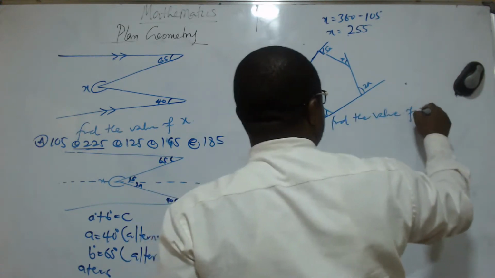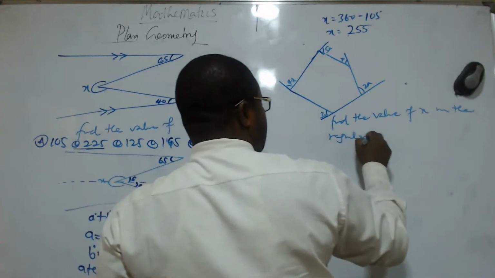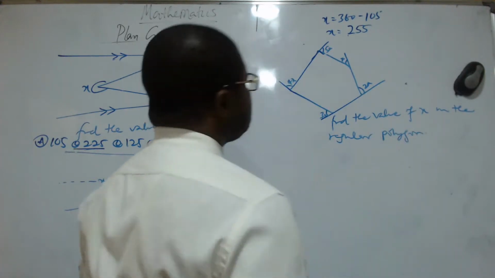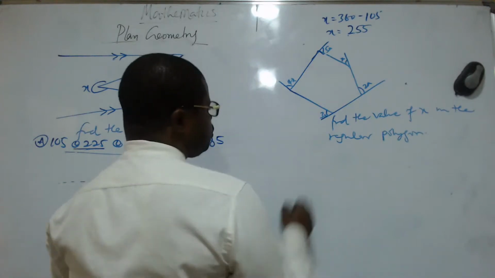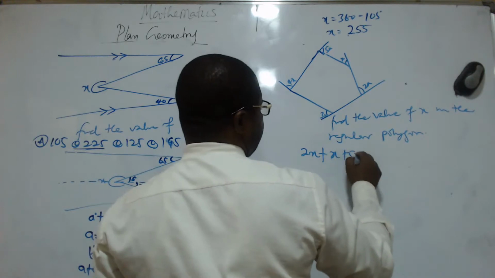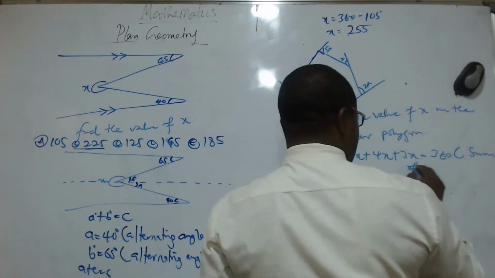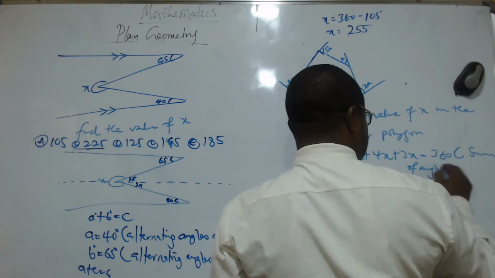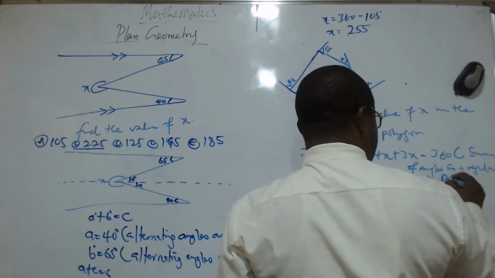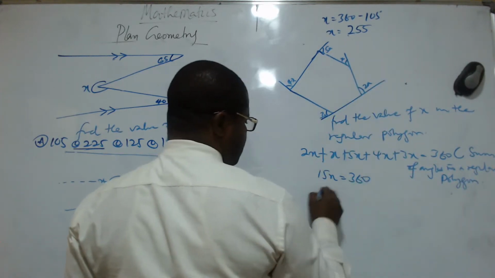Find the value of X in the regular polygon. So what you need to do here, you just have 2x plus x plus 5x plus 4x plus 3x, the sum of angles in a regular polygon, equals 360.